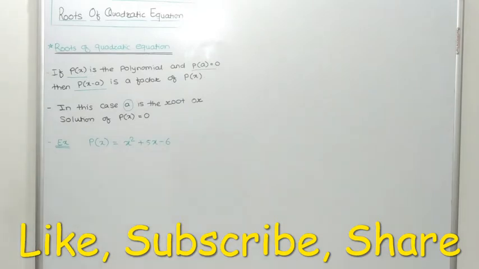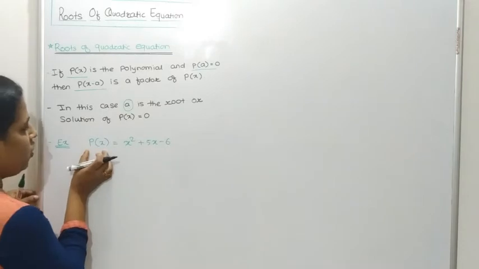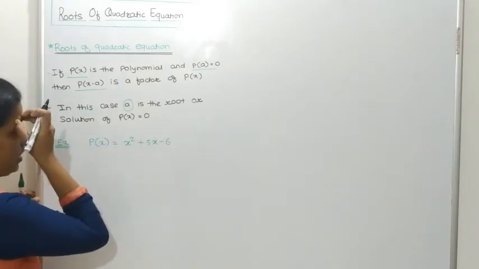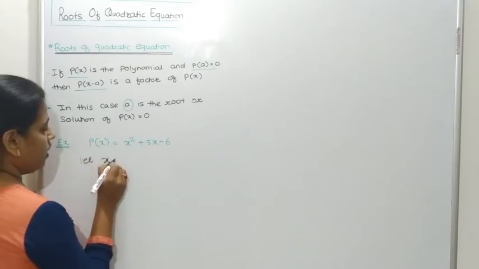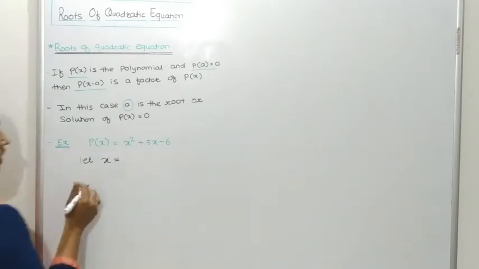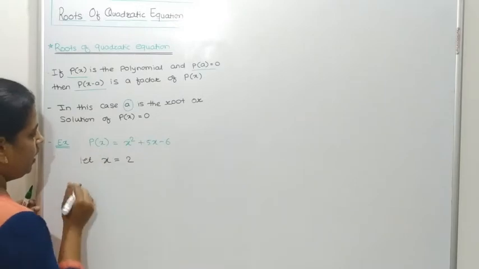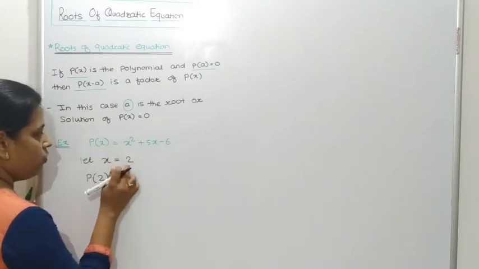We use here one polynomial, that is p of x is equal to x square plus 5x minus 6. Suppose in the first condition I set x is equal to 2. Then we get p of 2. Instead of x, we put 2.